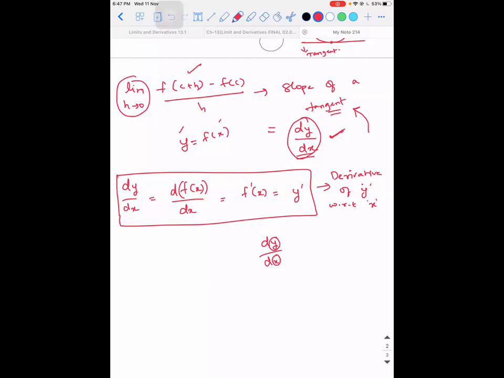Clear? Does it make sense? Yes, sir. So these are all different ways of writing. You write it in any way, it means the same.